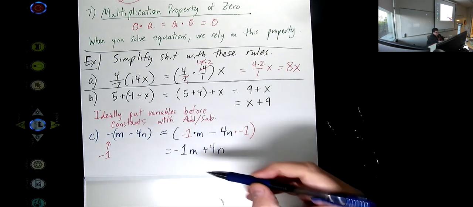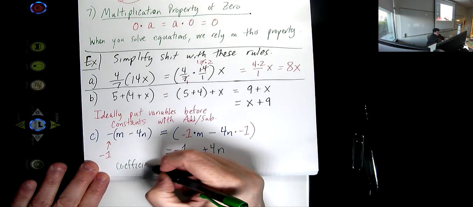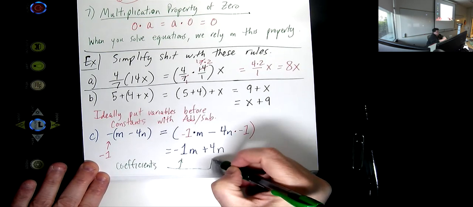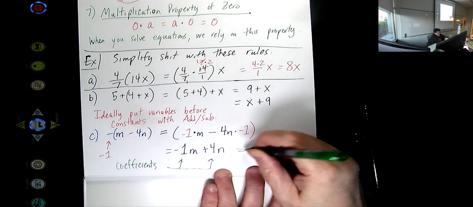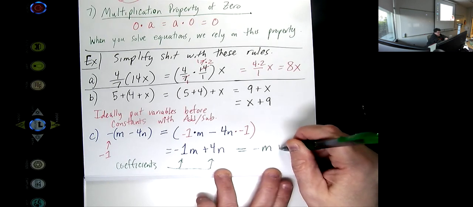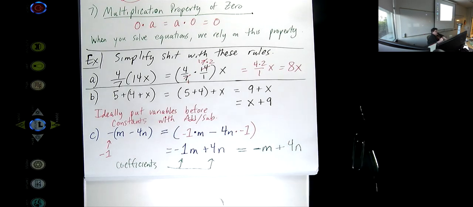And when we have numbers in front of letters like this, these are called coefficients. If the coefficient has a 1 in it, we tend to not say it. So we would write this as -m plus 4n. And it's for the same reason that we don't say 1 when we're talking generally in real life.